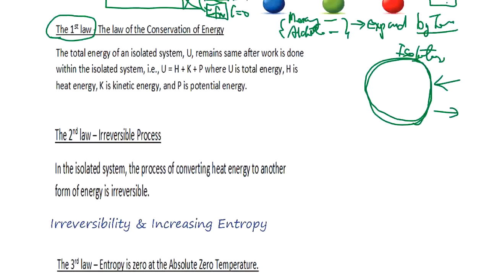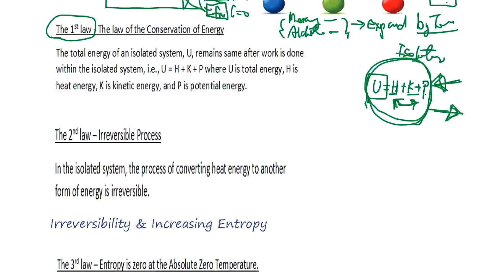This isolated system has energy: heat energy, kinetic energy, and potential energy. These change around by conversion, but U is always the same. In this isolated area, energy stays the same. Energy is conserved.